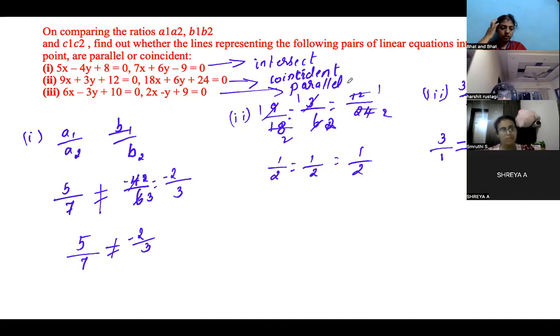This one you can do directly in the textbook. Not every time, no.